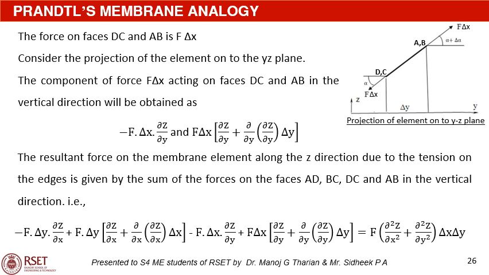That is, minus F delta y dou z by dou x plus F delta y dou z by dou x plus dou by dou x of dou z by dou x into delta x, minus F delta x into dou z by dou y plus F delta x into dou z by dou y plus dou by dou y of dou z by dou y into delta y, which is equal to F into dou square z by dou x square plus dou square z by dou y square into delta x delta y.